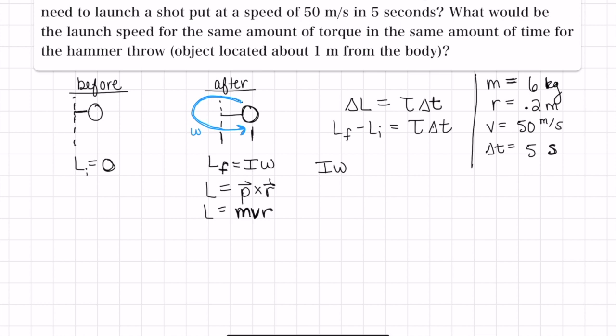But in this case as well, you get the same relationship back, since for the I of a particle rotating some distance away from the center, we can write that as mr squared times omega. Let me fill in the rest of that equation. I'm going to drop the 0.